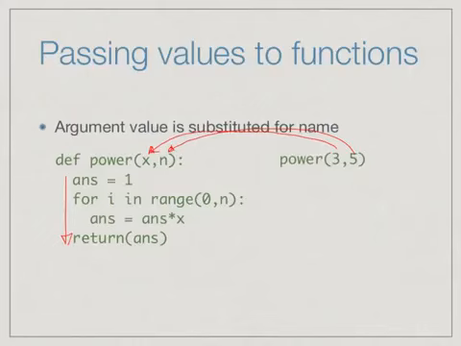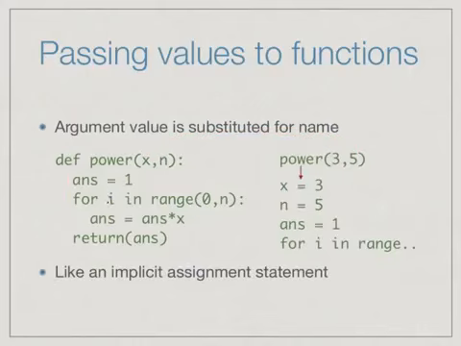So you can imagine that when we run this code, it's as though we have this code inserted into our program at this point, preceded by this assignment. The assignment says set the value of the name x to the value passed, namely 3, set n to 5. So this assignment is what takes place effectively when you call a function.